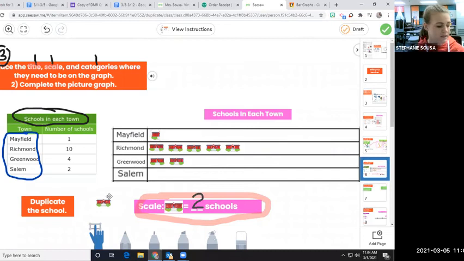Okay, and Salem. So Salem has 2 schools. We're going to count by 2s. 2. I only need 1 school picture to represent the 2 schools in Salem. Okay. Questions on this?